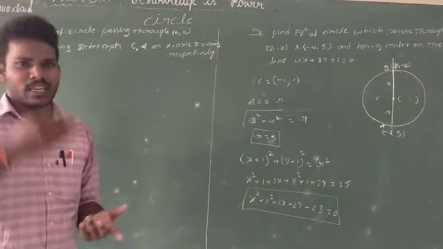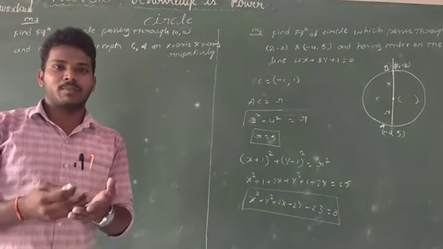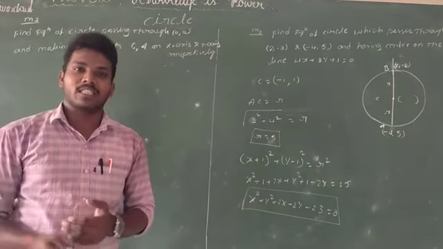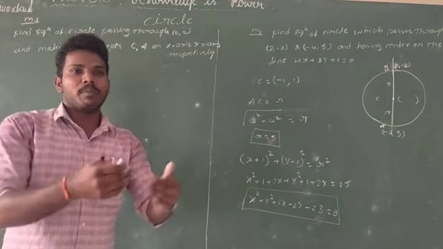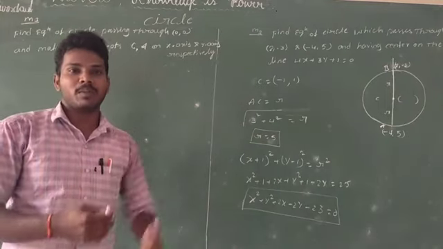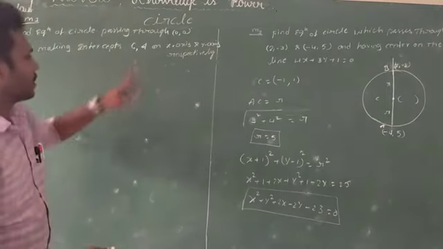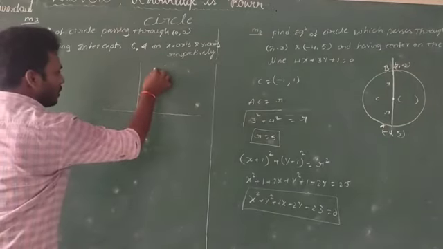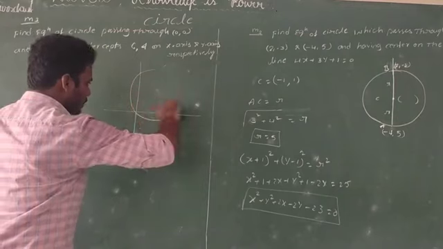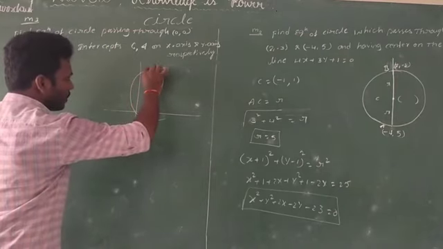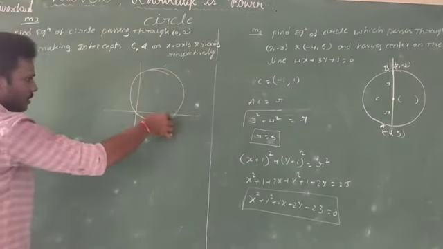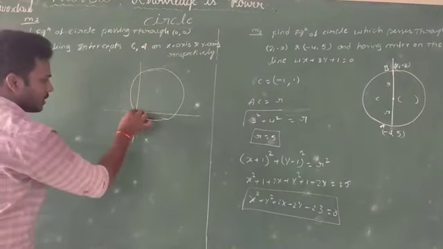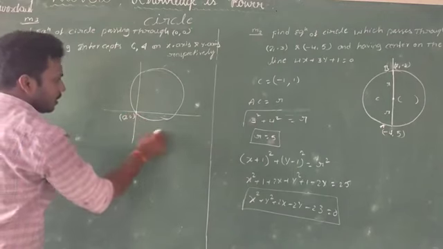In the straight line concept we know already, x by a plus y by b is equal to 1, where a comma 0 is on the x-axis, and 0 comma b, the intercept on y, is the point on the y-axis. In the same manner, the circle is passing through the origin, that is 0 comma 0.